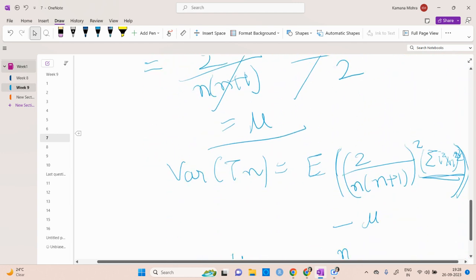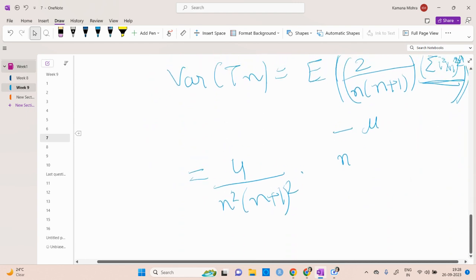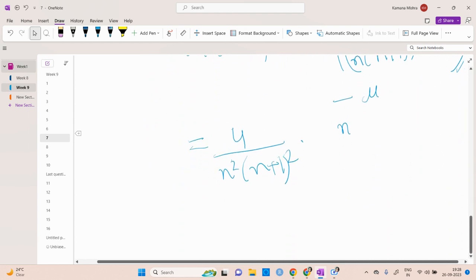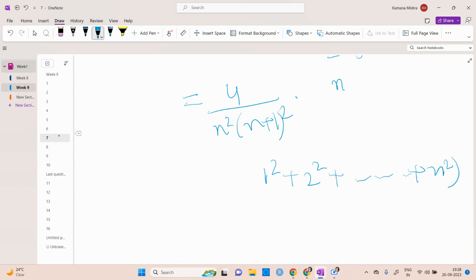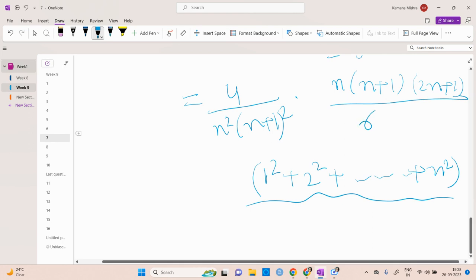This one is 1 plus 2 plus this, so this one is a cube form of thing. 1 square plus 2 square up to n square. So in the time of Xi square, we have a formula like this: 1 square, 2 square up to n square. So its formula is what? n(n+1)(2n+1) divided by 6, right?